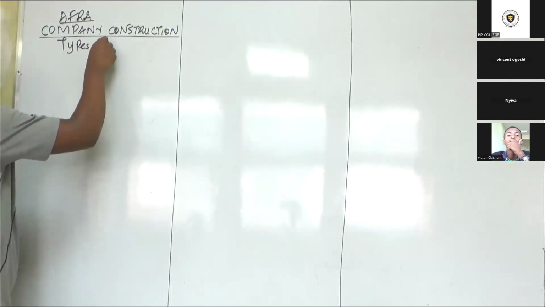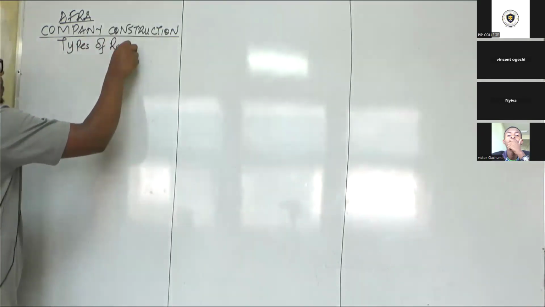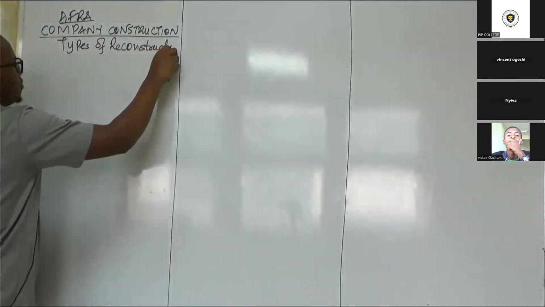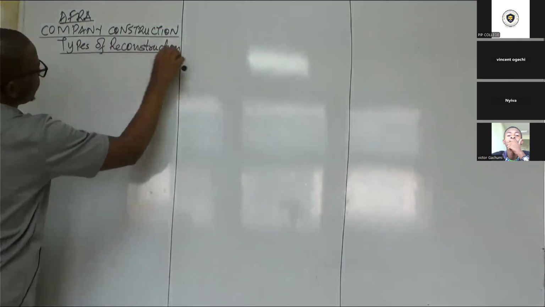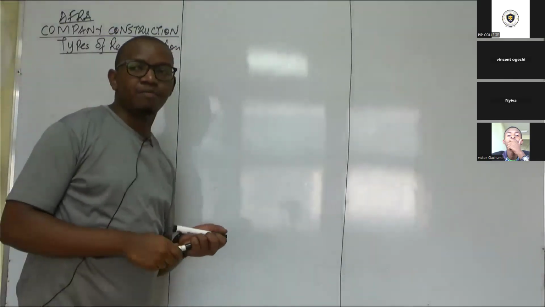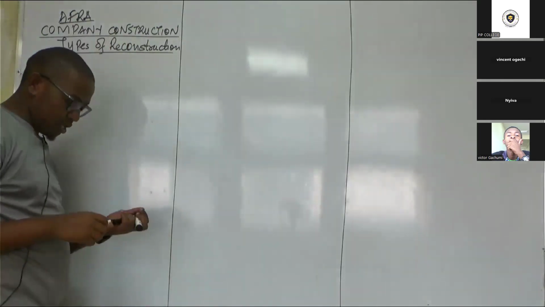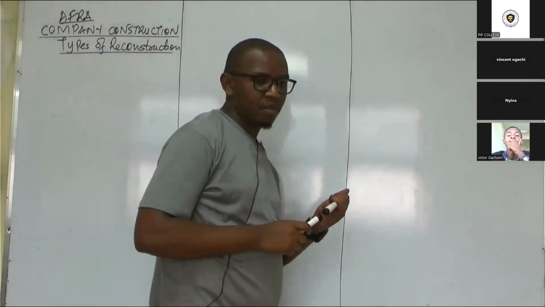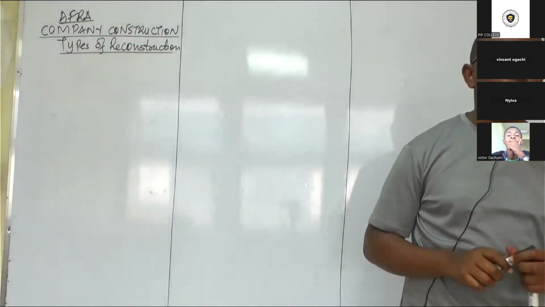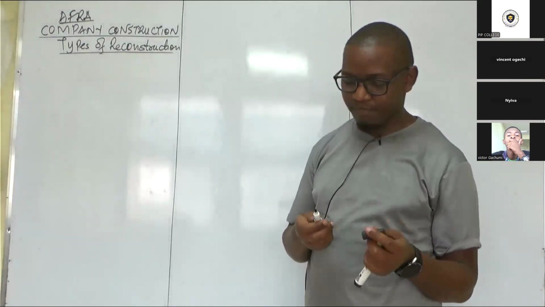Now, types of reconstruction. You write and you say, a company can be reconstructed in the following two ways.